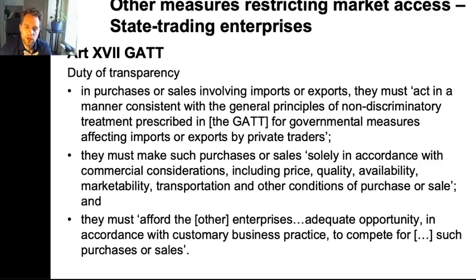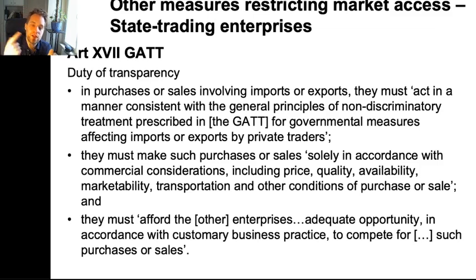Then, what is also necessary here is Article 17 GATT and the duty of transparency. If there are purchases or sales involving imports or exports, they have to, and I quote, act in a manner consistent with the general principles of non-discriminatory treatment prescribed in the GATT for governmental measures affecting imports or exports by private actors.